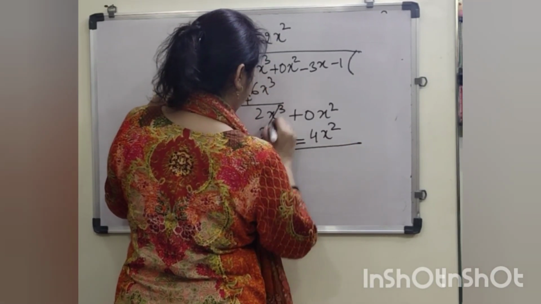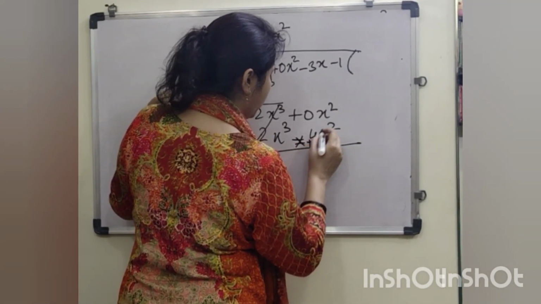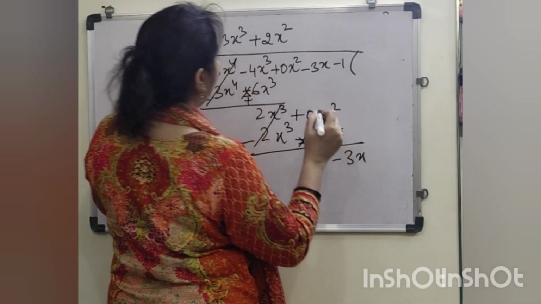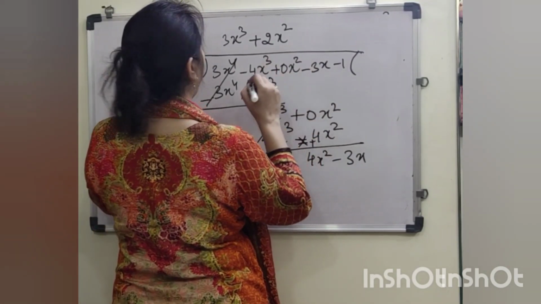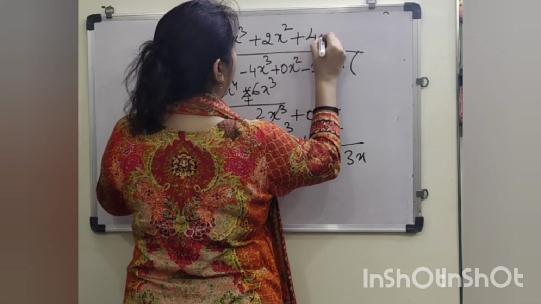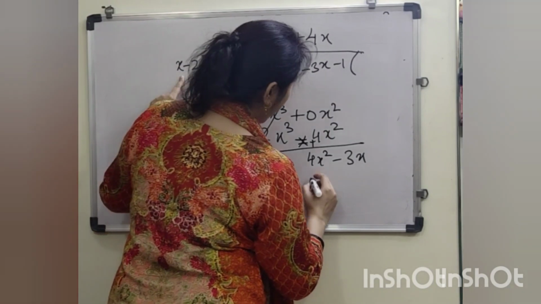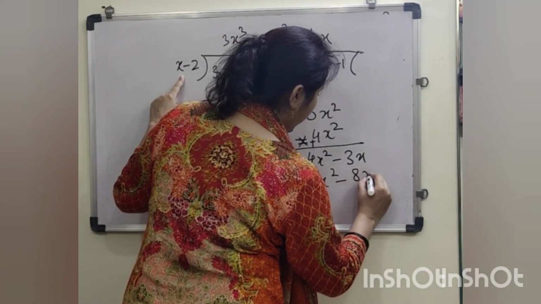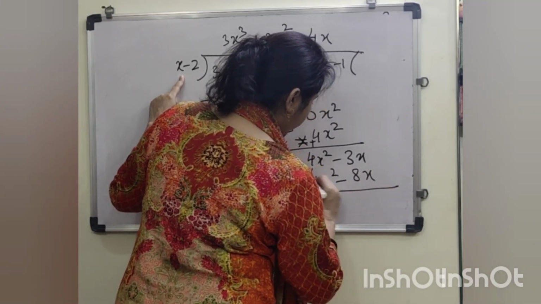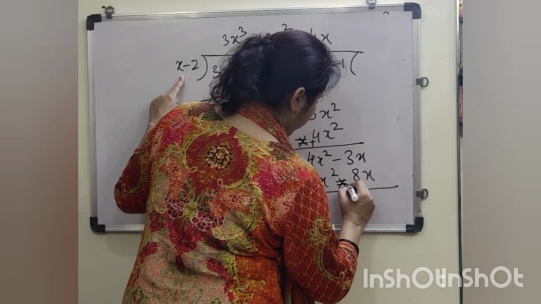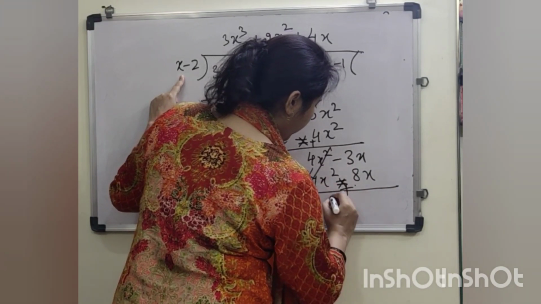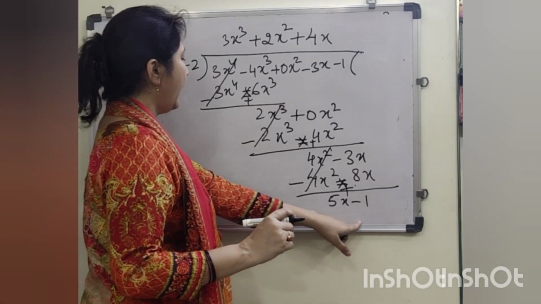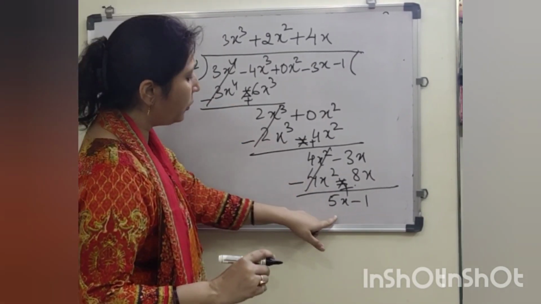Subtract, cancelled, plus 4x^2 minus 3x. Now you need 4x^2, you have x, so you multiply by 4x. Children, multiply, it is 4x^2 minus 8x. Let's subtract, cancelled, 5x minus 1. You have x, here also x, what you don't have? 5.